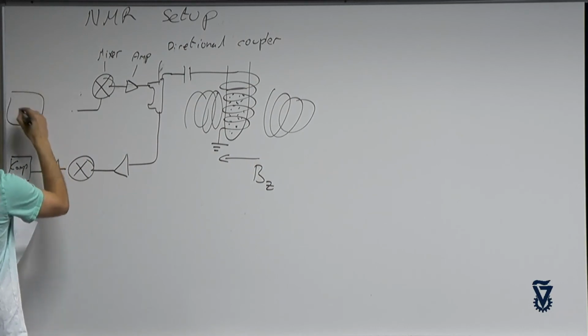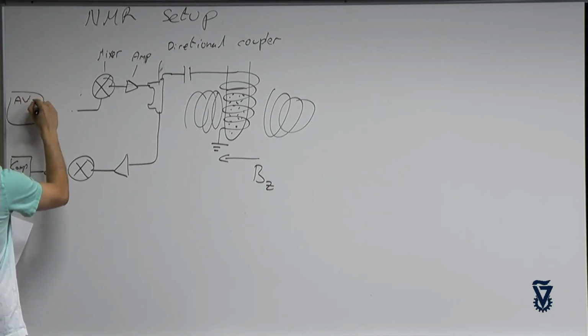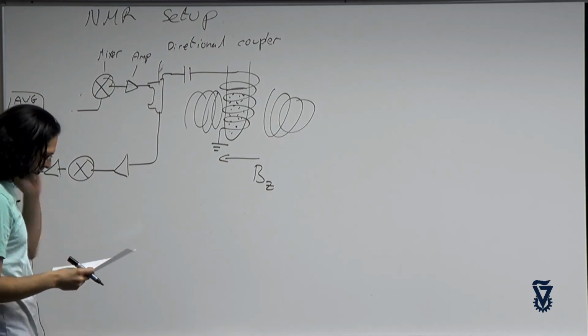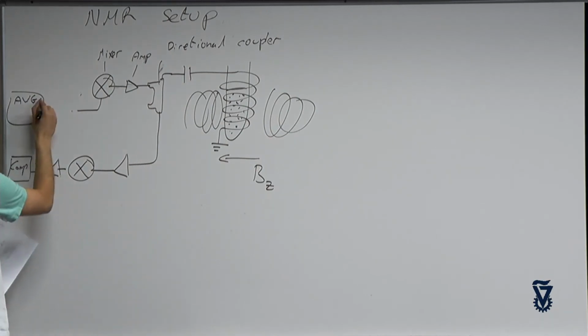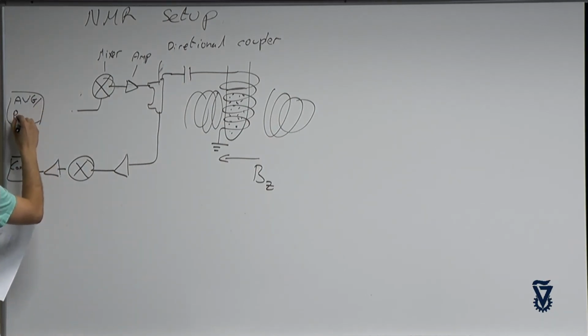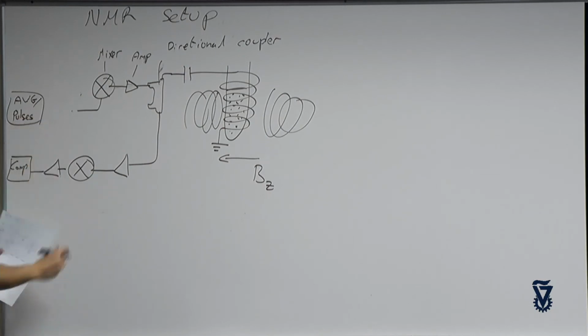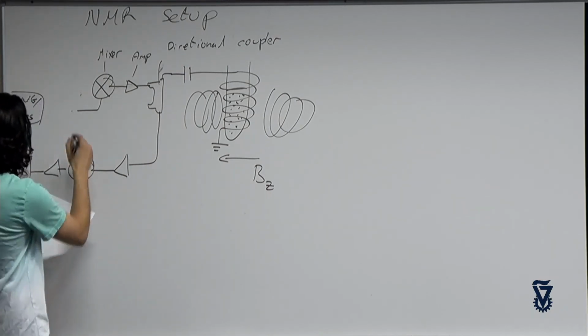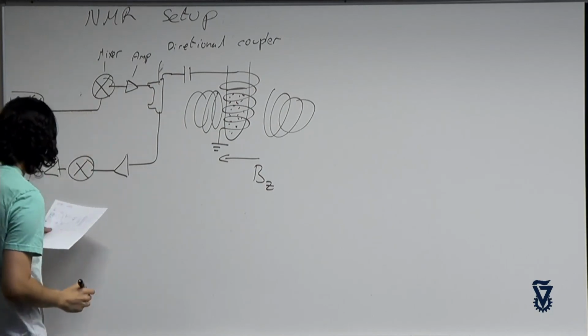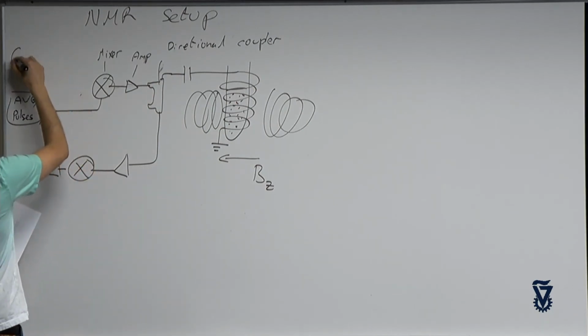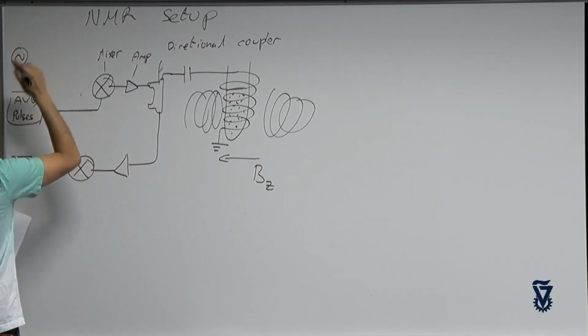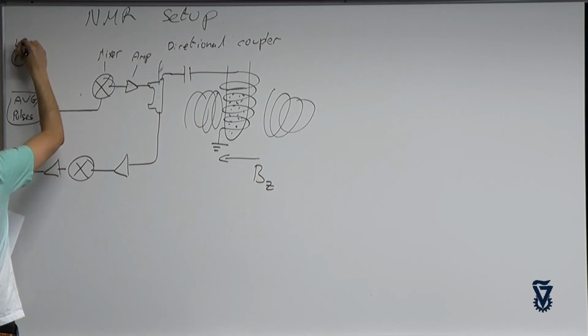This here is an AWG, an arbitrary waveform generator. This is going to be responsible for pulses, so it can do pulses. And over here we're going to have a constant sine wave, something that is called a local oscillator.